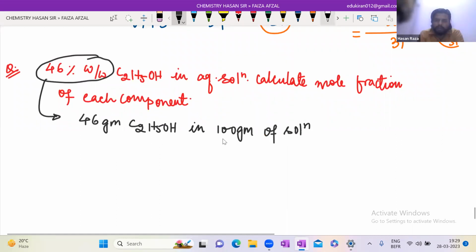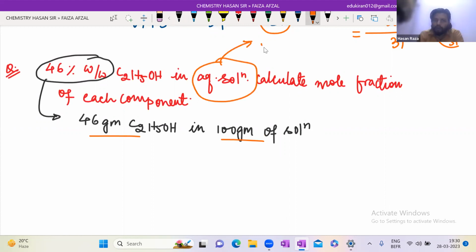Solution's mass is 100 gram. Solute mass is 46 gram. First of all, what is solvent? Solvent is your water. So the mass of water will be 100 gram solution minus solute, that will be equal to 54 gram, right? Mass of water is 54 gram, yes or no?